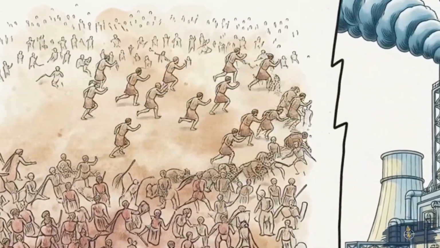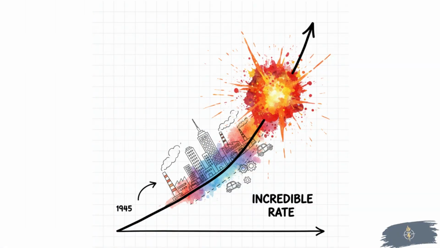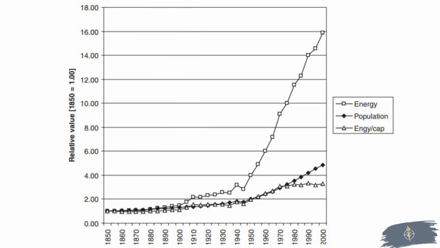After World War II, energy consumption grew at an incredible rate. If we look at the chart of global energy growth, from 1850 to 2000, world population increased about 5 times. Global energy consumption increased about 17 times. This growth can be divided into 4 phases. 1850 to 1900, railways.